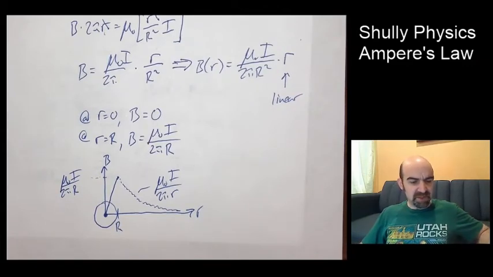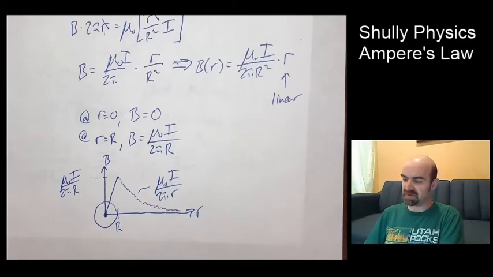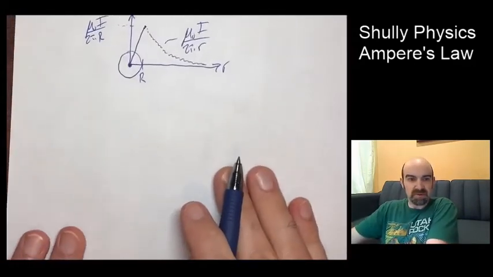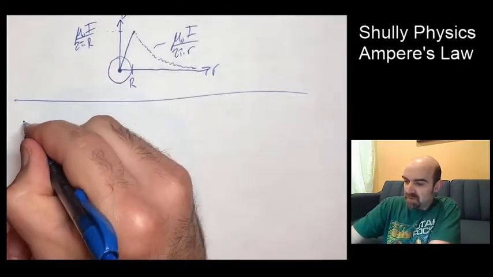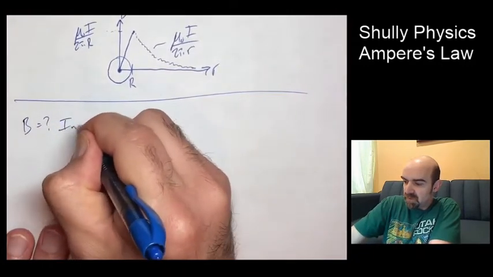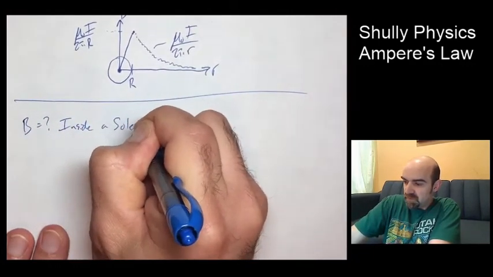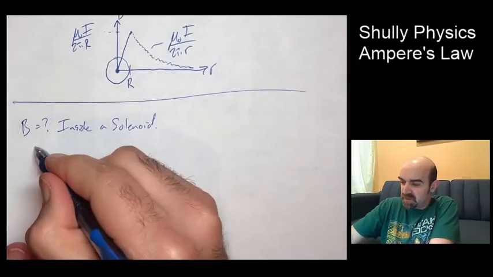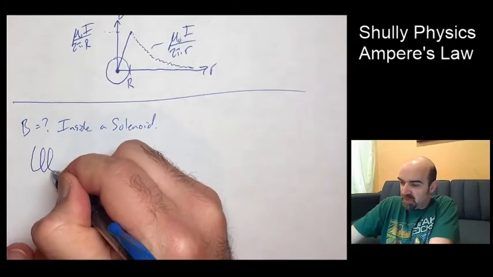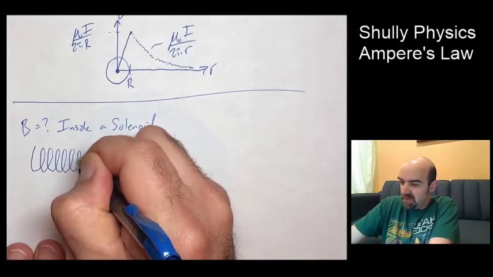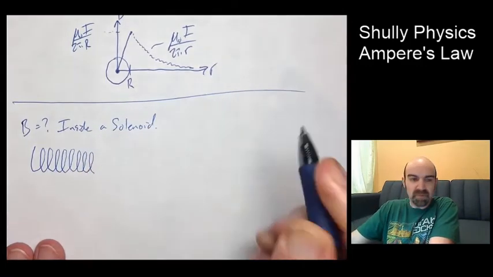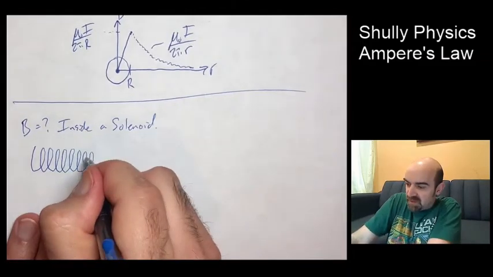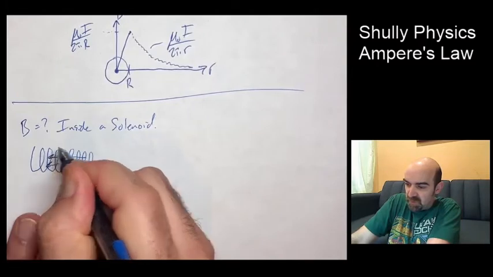I'm going to do one more major application here of Ampere's law, and that's inside of a solenoid. I don't know if you recall a solenoid, but a solenoid is basically a bunch of loops, all the same radius. And inside of a solenoid, there's a nice constant magnetic field produced by those coils of wire.